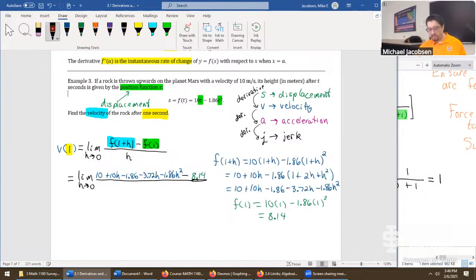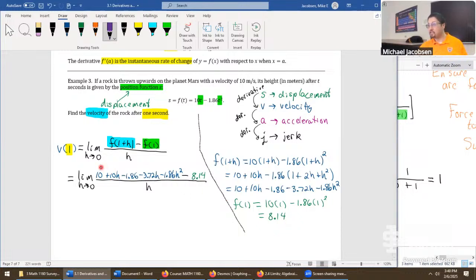Slightly longer fraction bar. Let me try again on that. It's kind of hard actually. There we go. So now for the left-hand side, all we have down below is h. And our hope of hopes is every term without h had better cancel. So we have 10 minus 1.86. We did that once already. 10 minus 1.86 down here got us 8.14.